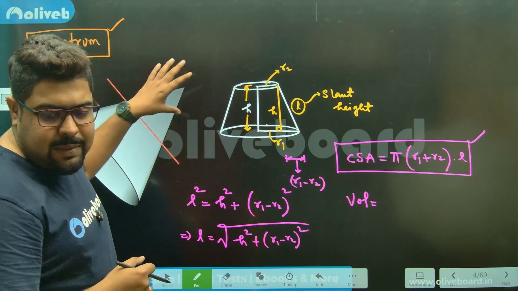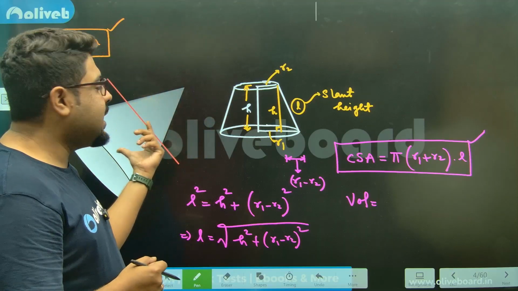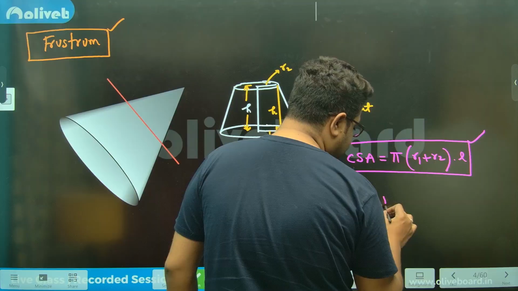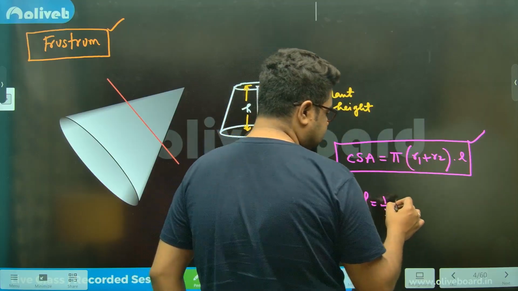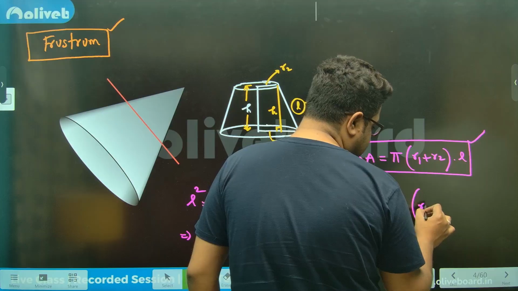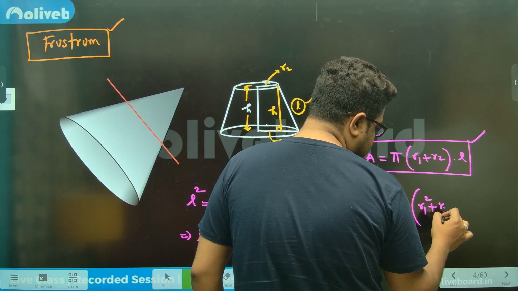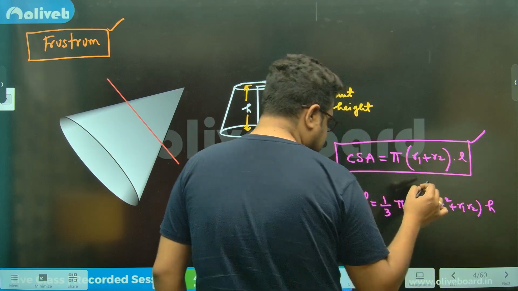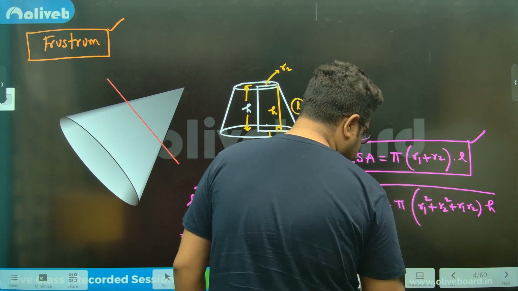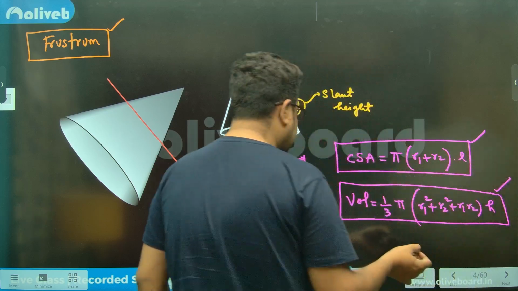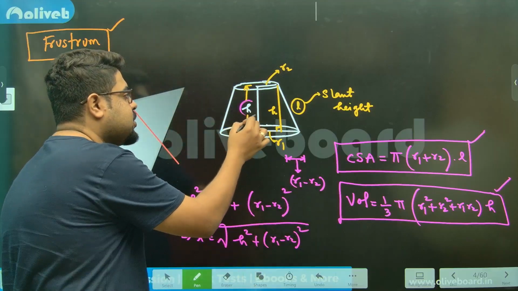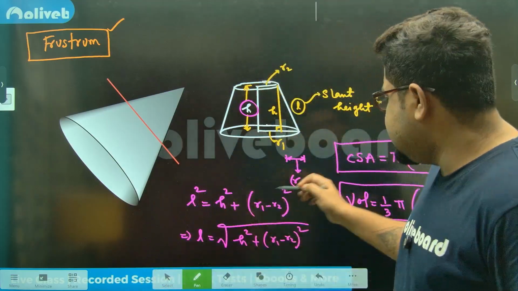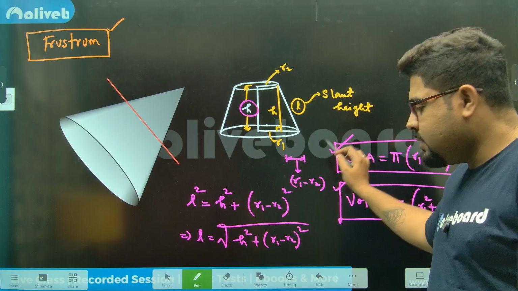If you calculate it like that, you will always get 1/3 pi (R1 square plus R2 square plus R1 R2) into H, where H is the height of the frustum, not the height of any cone. So that is how we get this particular formula.